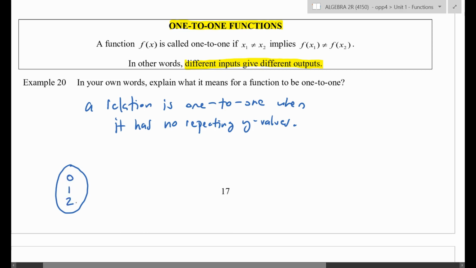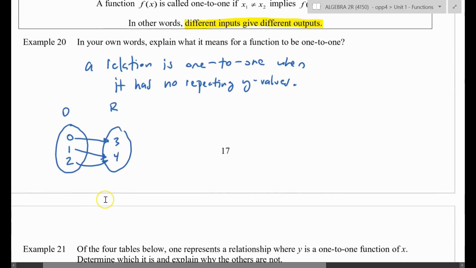Check that out. There's my domain. There's my range. So here's my question for you guys. Is that a function?